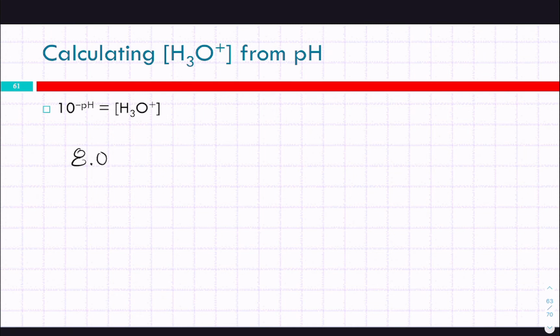If we have a pH of 8.0, and we want to get the concentration in molarity, then we would say 10 to the negative 8.0 equals, well, I mean, it's going to equal 1 times 10 to the negative 8.